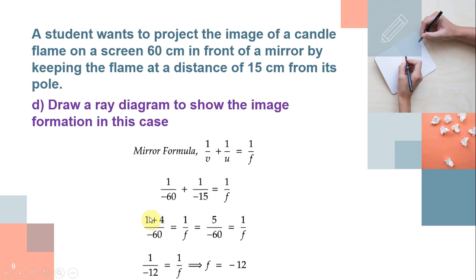After solving these equations, we get 5 by minus 60 and finally 1 by minus 12, which is equal to 1 by F. Now we take the reciprocal, we get the focal length F is equal to minus 12.